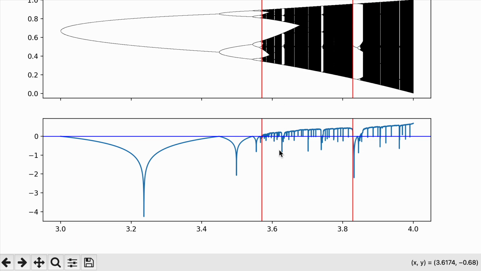So simple, here you see the periodic window is a negative spike. Here also you see, at the starting point of the stable 3 cycle, from chaos it suddenly decreases to 0, and it goes through a bifurcation.